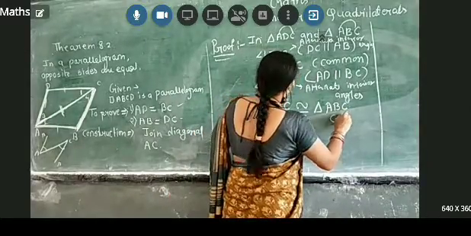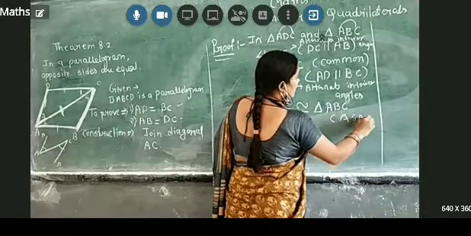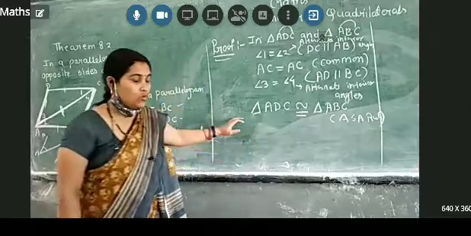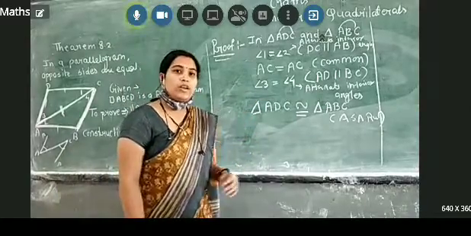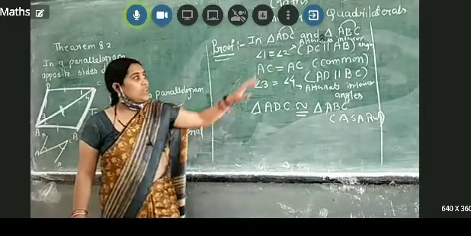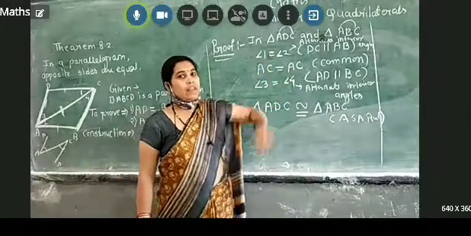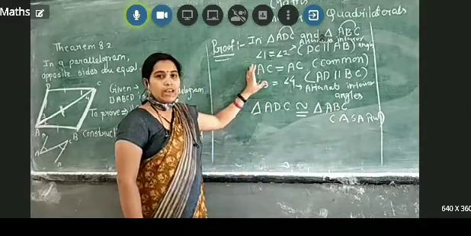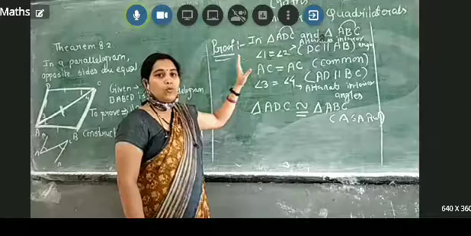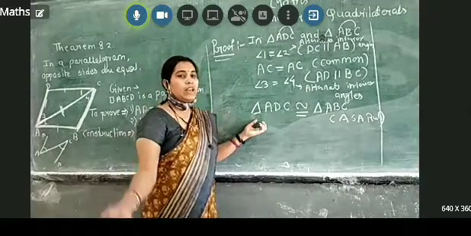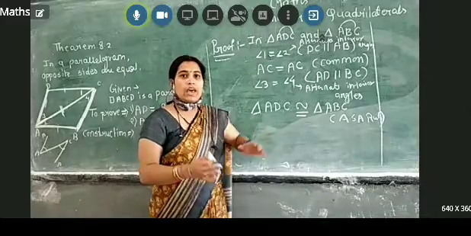Because of the ASA rule. By following the ASA congruency rule, these two triangles are congruent to each other. When these two triangles are congruent, leaving these 3 elements which we have proved equal, the remaining 3 elements are also equal, right or wrong? So they are also equal.